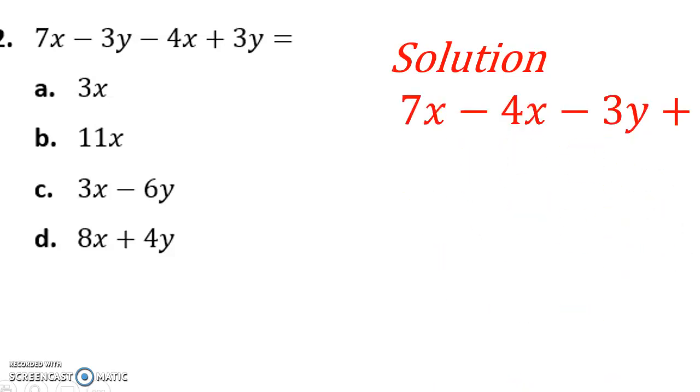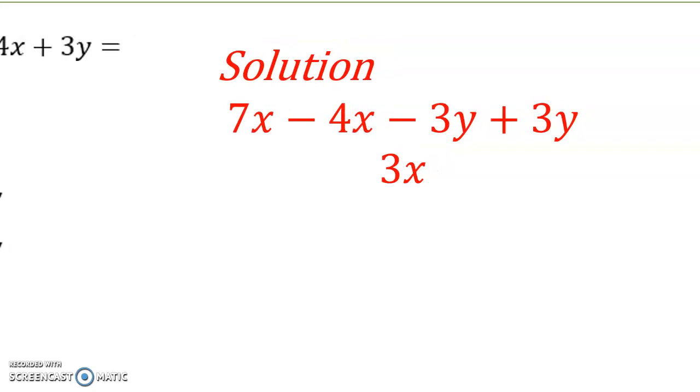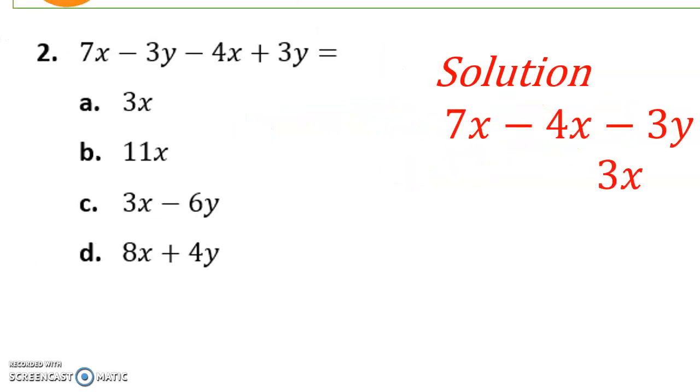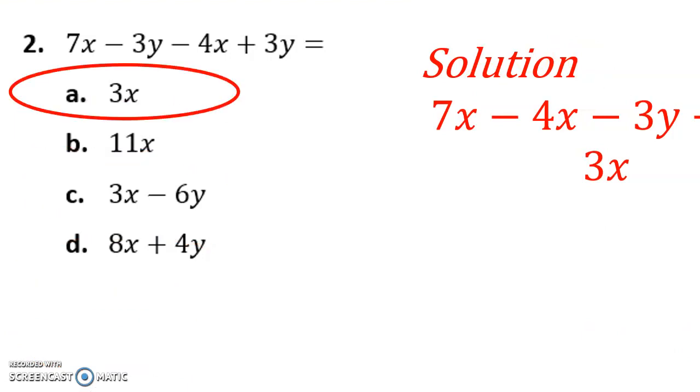We group the 7x with the 4x, and the negative 3y with the positive 3y. 7x minus 4x gives us 3x, minus 3y plus 3y would just be 0. That means our answer is A.